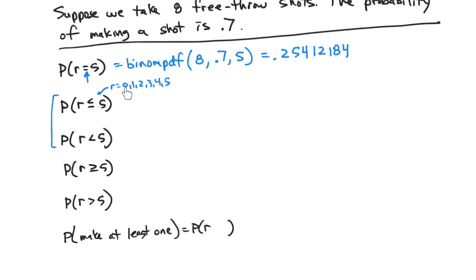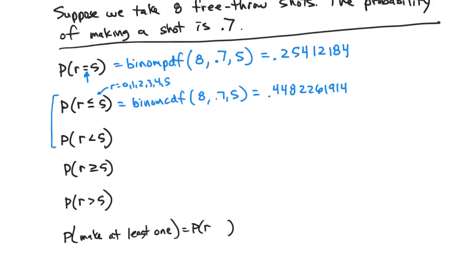As long as you're starting at 0, binomial CDF is good to go. So we've got binomial CDF, NPR, right? So it's a CDF, so we have to plug that in and see what we get.